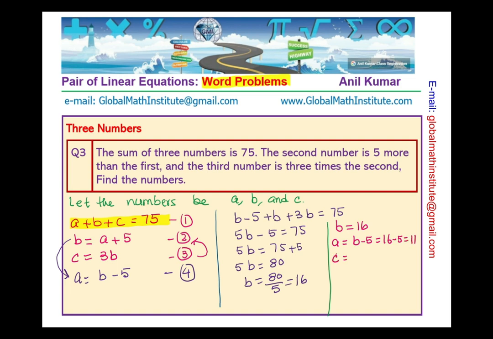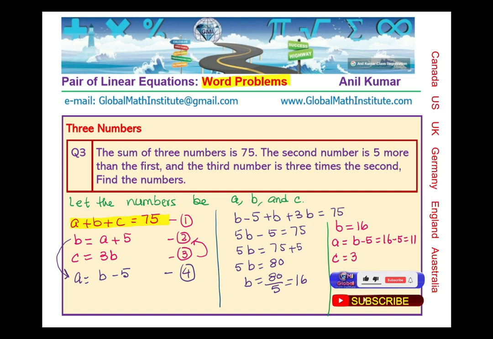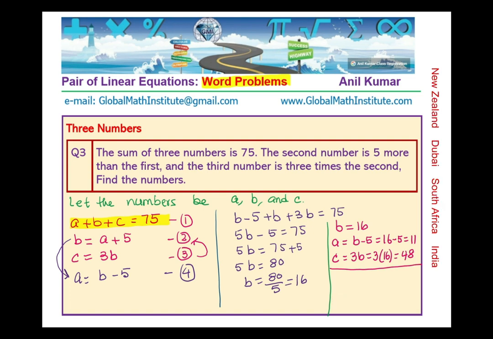And C is 3 times B, which is 3 times 16, or 48. So the numbers A, B, and C are 11, 16, and 48. Correct? So that is how we can find the solution of this problem.